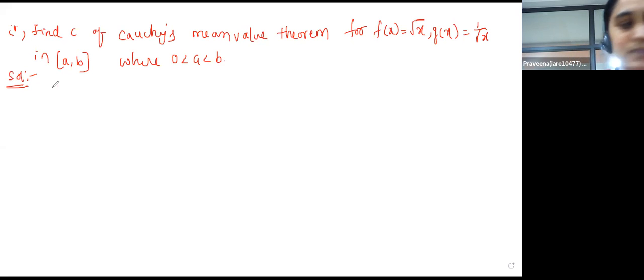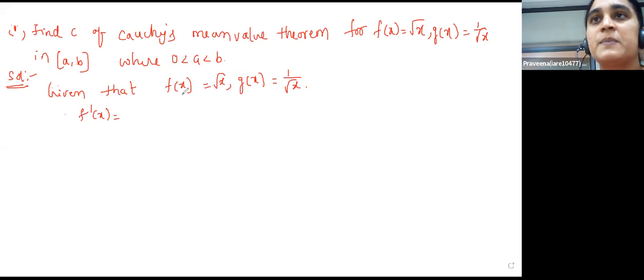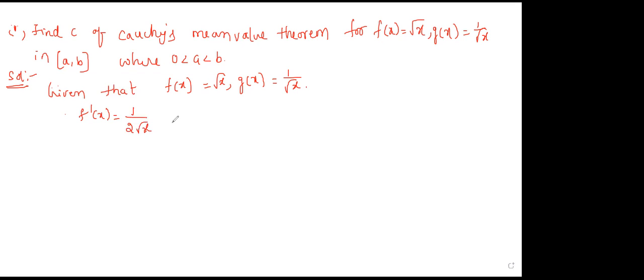Okay, given that f of x is equal to root x and g of x is equal to 1 by root x. From that, first, if these two are differentiable or not, we have to verify. That is, f dash of x, differentiation of root x is 1 by 2 root x.